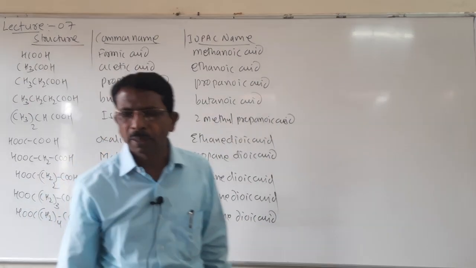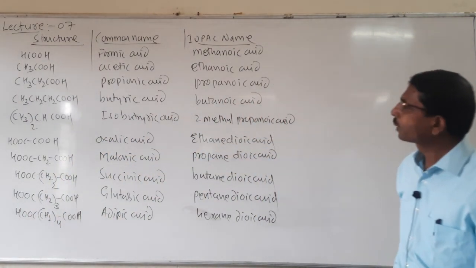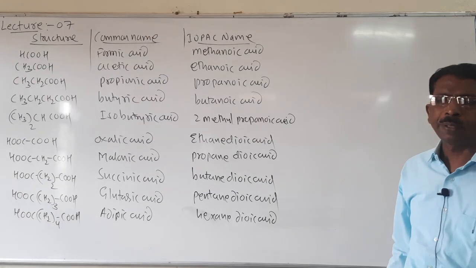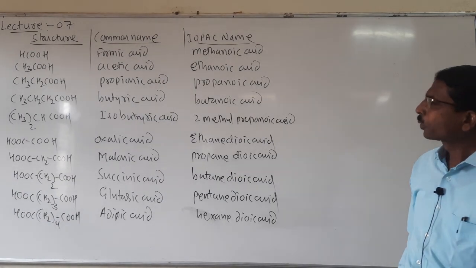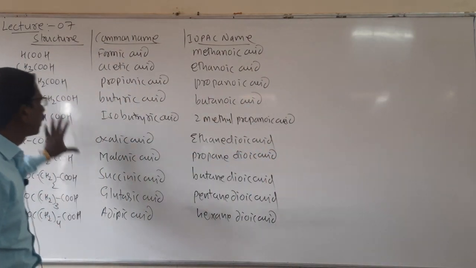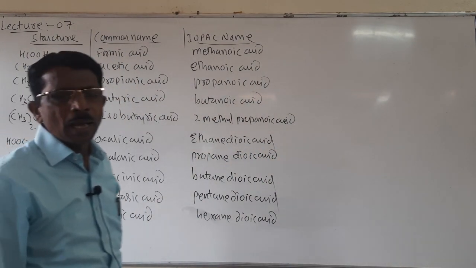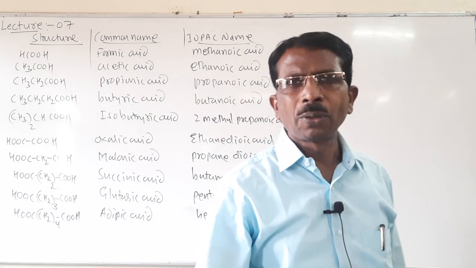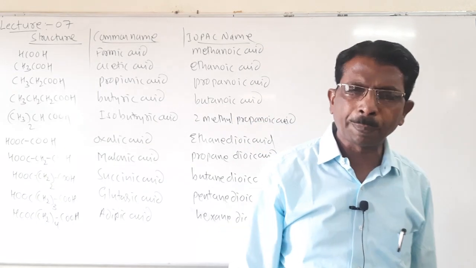Look here students. So these are the common names and IUPAC names. Look here clearly, and after this the structure of carboxylic acid and the preparation.